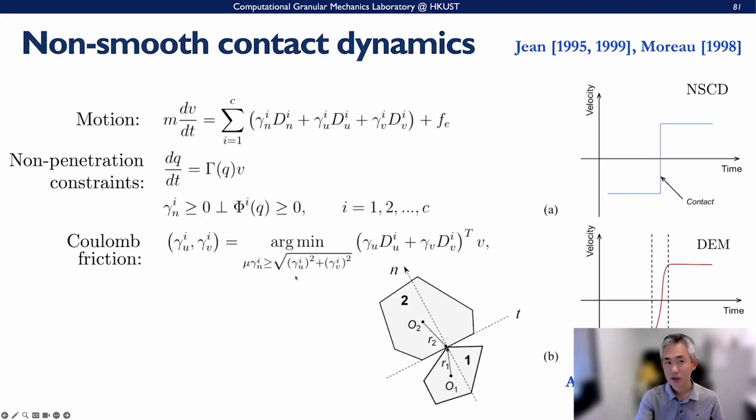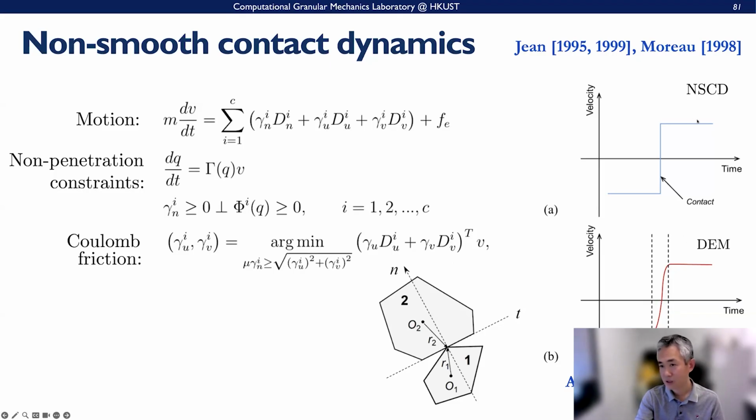The non-smooth contact dynamics is different from DEM. Simply put, DEM is a soft contact concept. We allow a certain deformation for each particle, and according to their overlap, it develops contact force. We can use linear contact or Hertz-Mindlin contact to describe it.